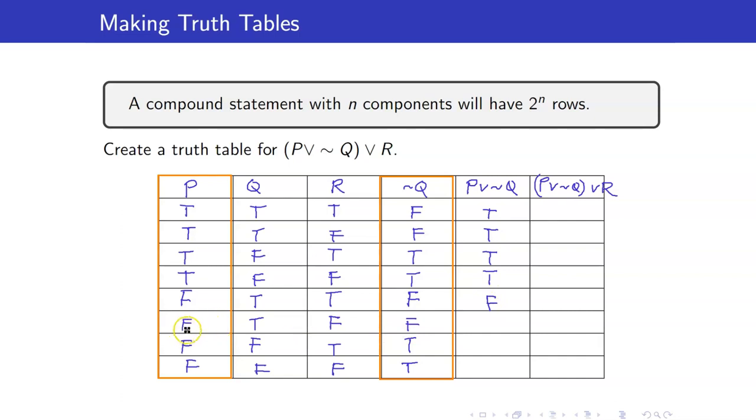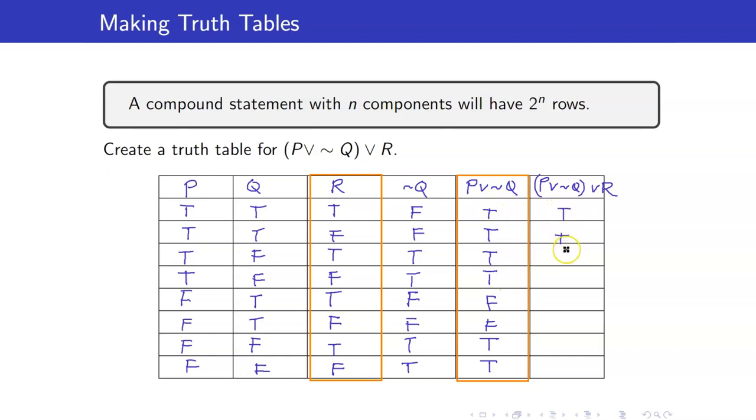And then here we have false, false, so this is false. Here not Q is true, so this is true. Here not Q is also true. For the last column, we are looking at the columns of P or not Q and the column for R. For the first 4 rows, take note that the first component P or not Q is already true.